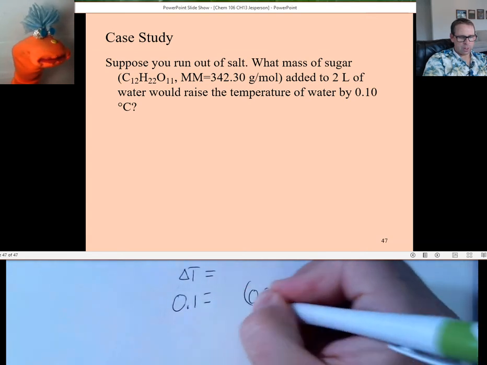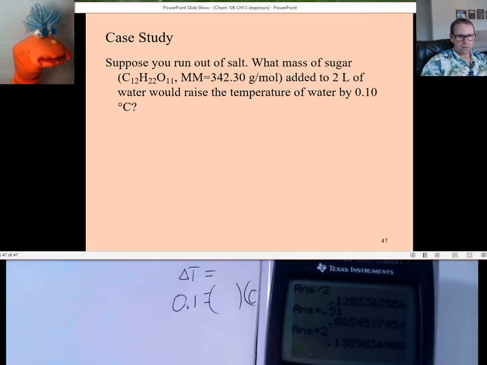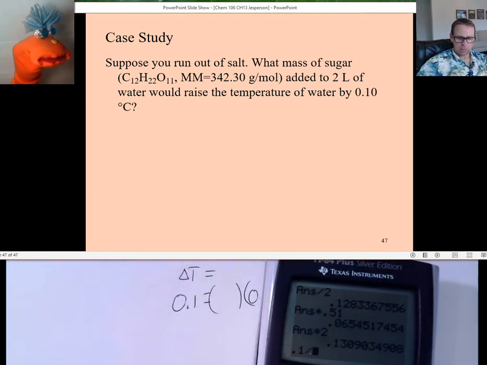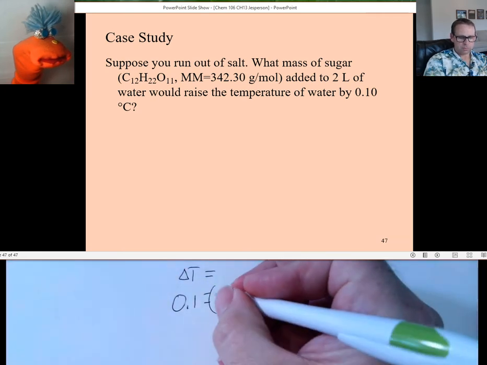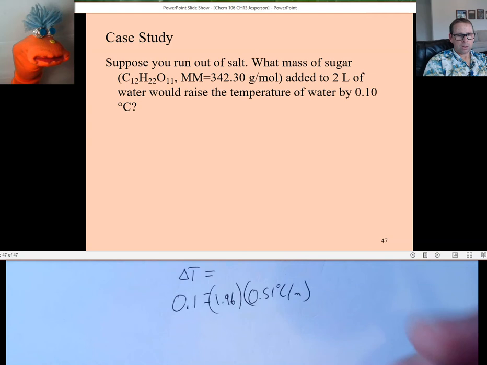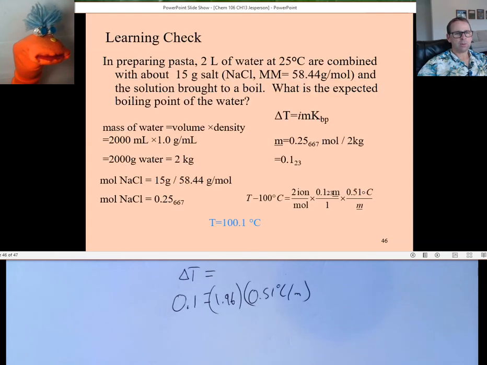All right. So now we need to have our molality here, right? 0.1 divided by 0.051. So my molality needs to be 1.96. All right. Now, for my sodium chloride, I'll go back to that one really quick.